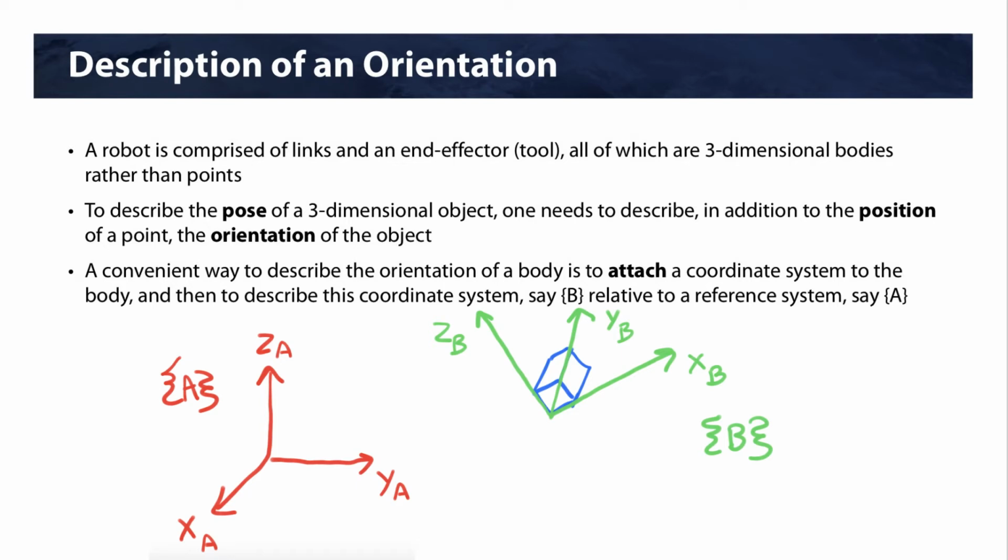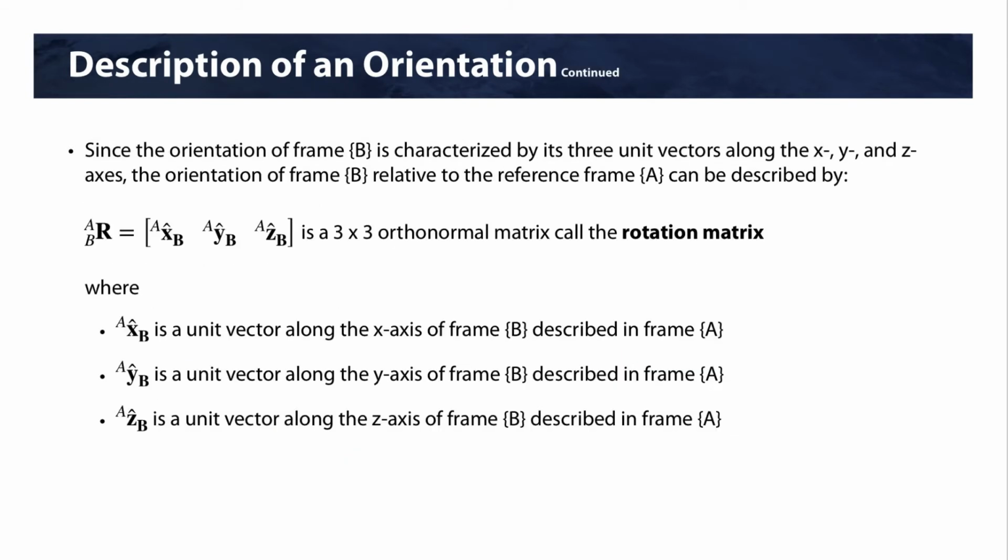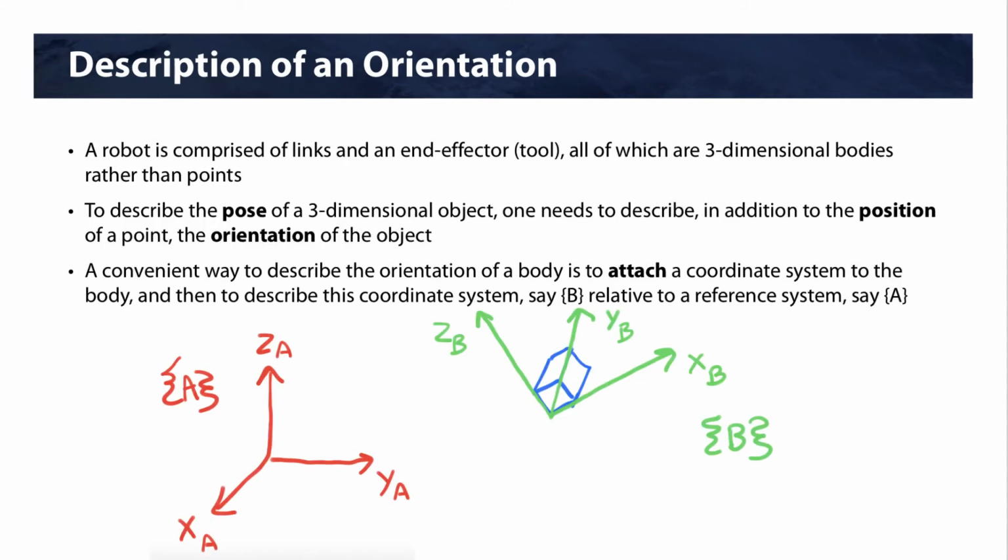So how can we do that? Well, we know that the orientation of frame B is characterized by its three unit vectors along the X, Y, and Z axes. If we were to draw them in on this figure here, we have three unit vectors: ZB, that's YB, and we have XB.